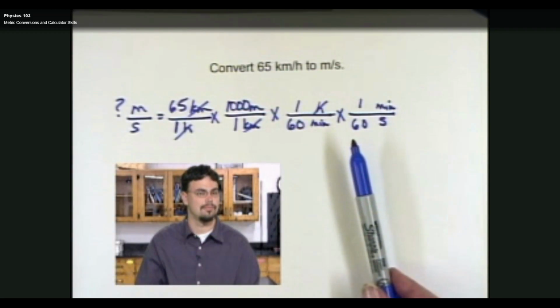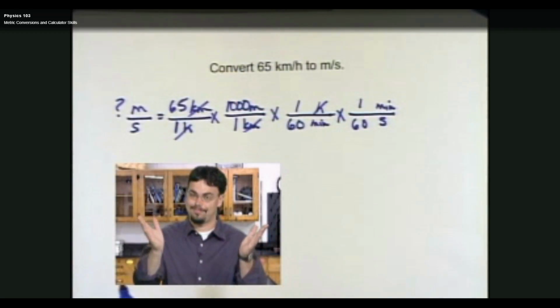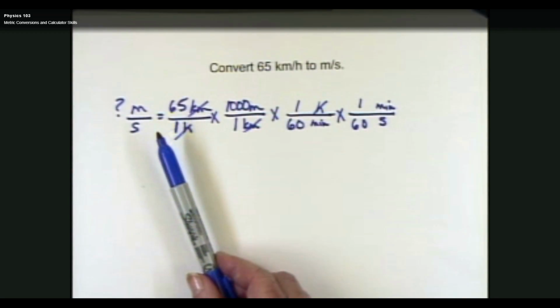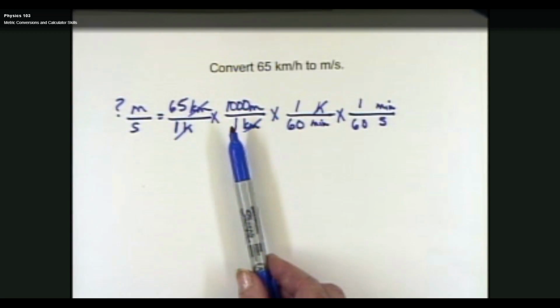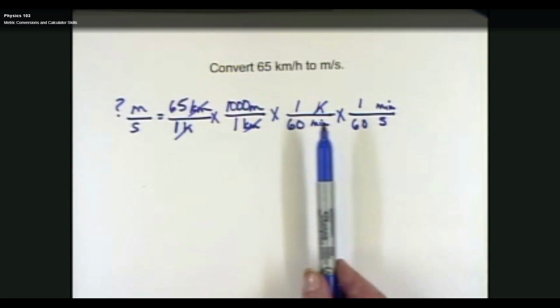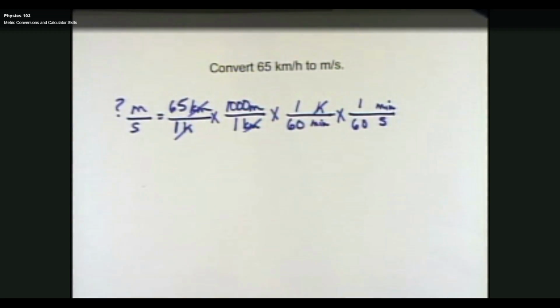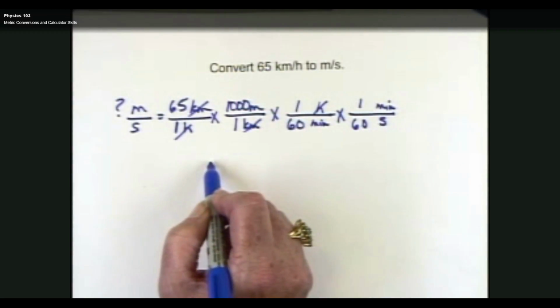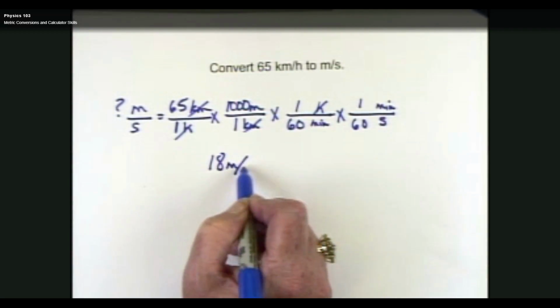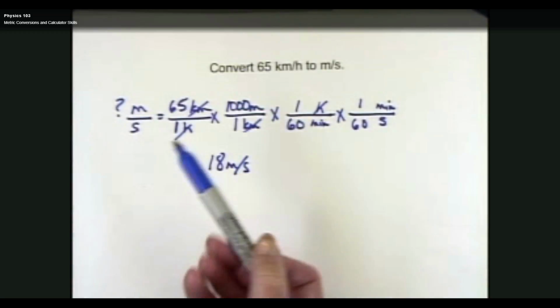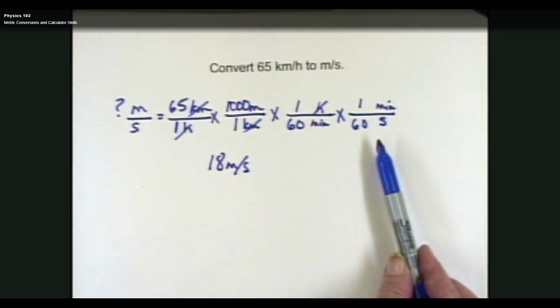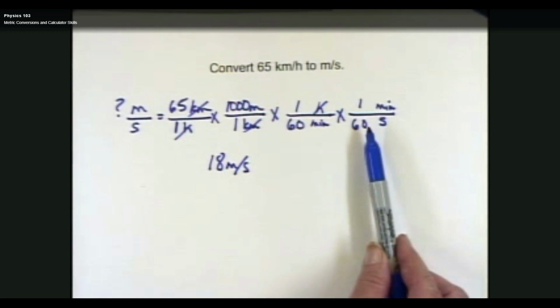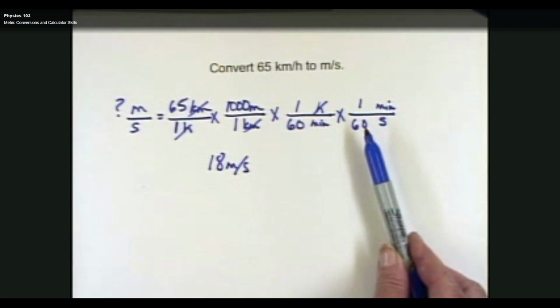So what do we punch? You punch 65 times 1,000 divided by 60, then divided by 60 again. And you get the answer, 18 meters per second. So remember, when you have two numbers to divide by on the bottom, don't multiply, say divide by, divide by.